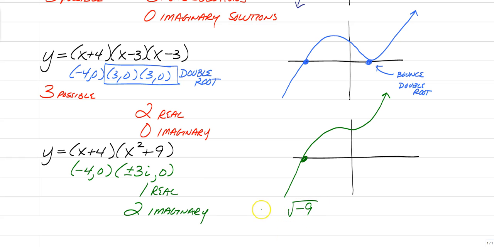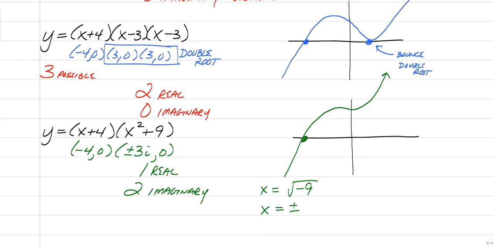And whenever we're solving by square roots, there is always a plus or minus. That's the only way to get an imaginary number. So imaginary numbers come in pairs. You should never say that we have 2 real and 1 imaginary. Imaginary will always come in pairs.